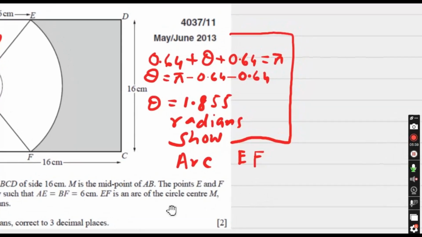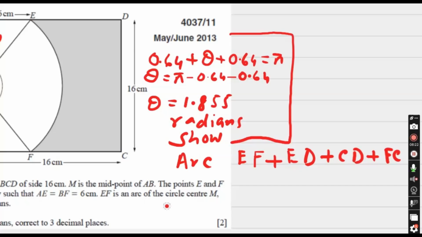The line ED also touches the shaded region, plus the line CD, which also touches the shaded region, plus the line FC, which also touches the shaded region. So if you add arc length EF plus the line ED plus the line CD plus the line FC, you will get the perimeter of the shaded region.